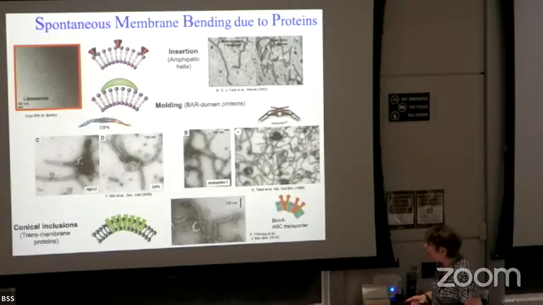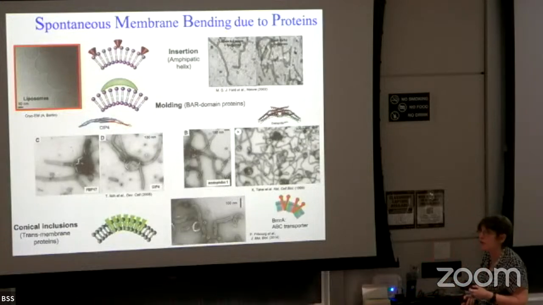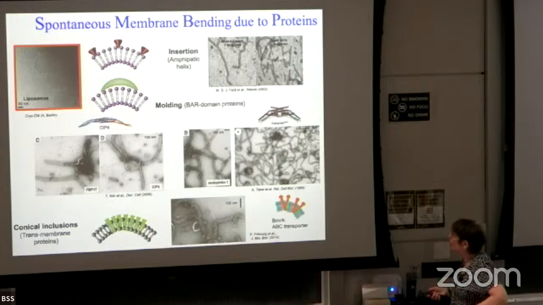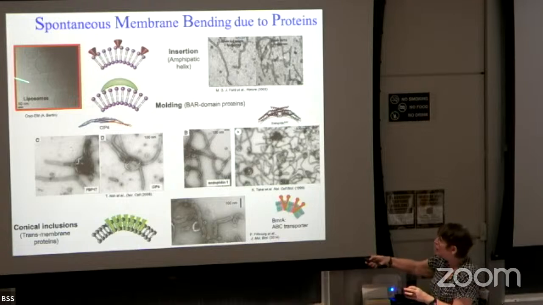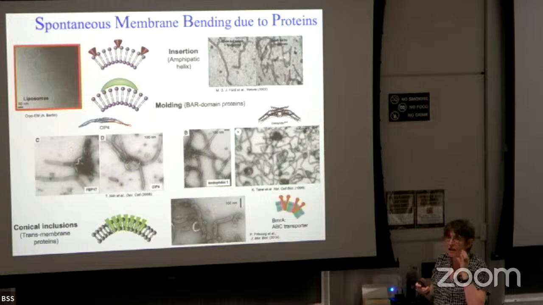For that, I have to introduce the fact that proteins, when they bind to membranes, can in some cases deform the membrane. One way to visualize that is to take a small liposome. Now I'm talking about liposomes, which are typically 100, 200 nanometer diameter, and that are exposed to proteins in the bulk.